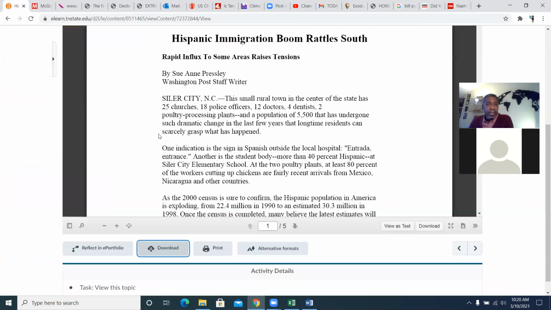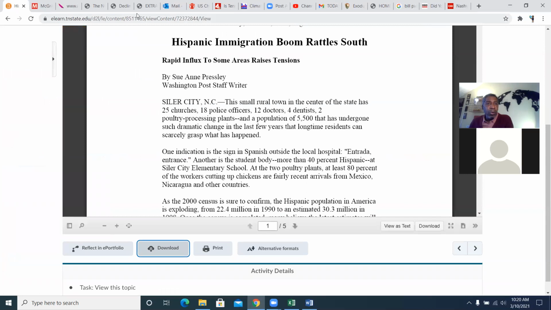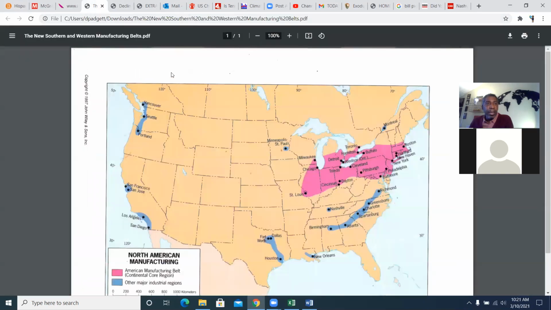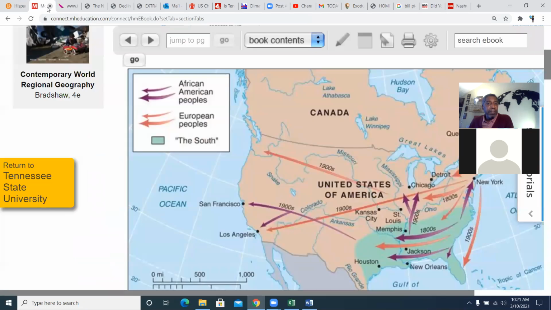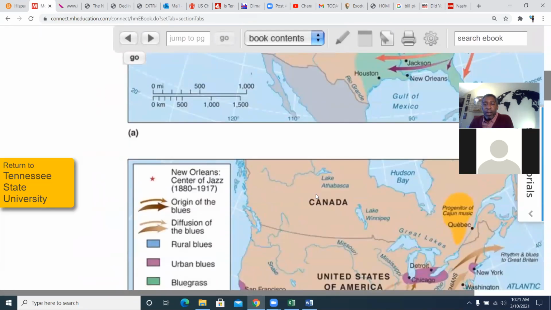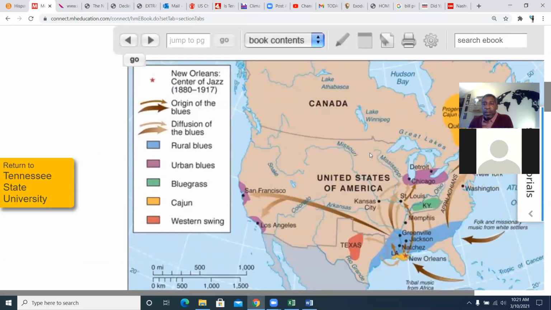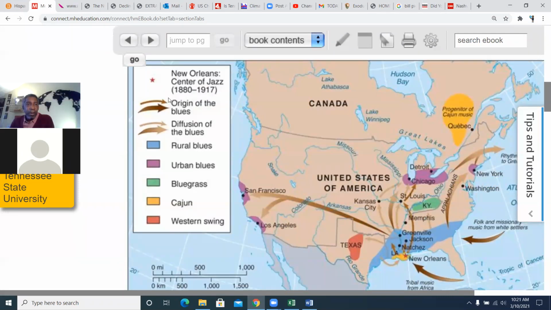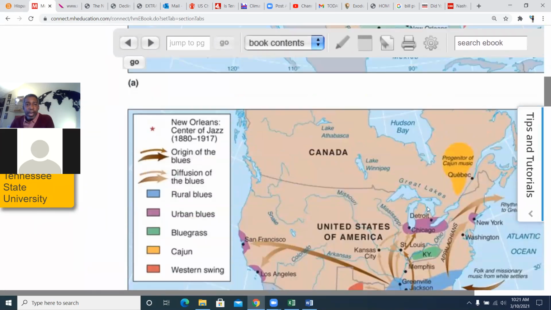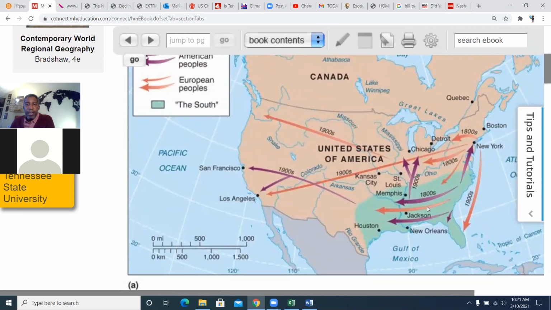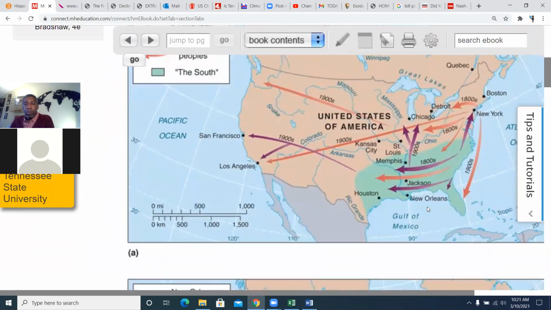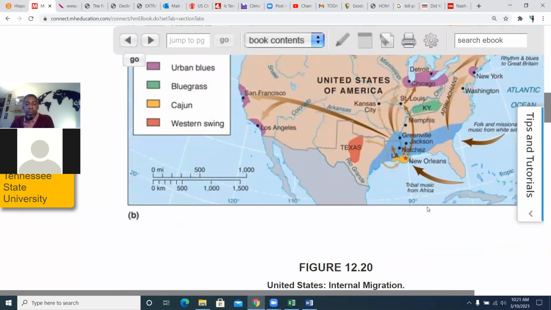But internal migration has not only focused upon the act of migration itself. It also has some focus upon cultures. So let's scroll down. We went from figure 12.20a, which we've been talking about a lot here, and we're going to go to figure 12.20b.